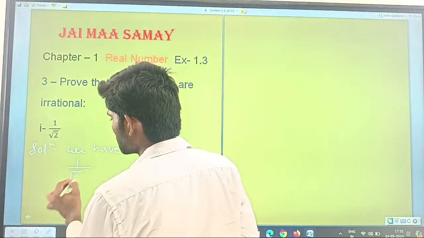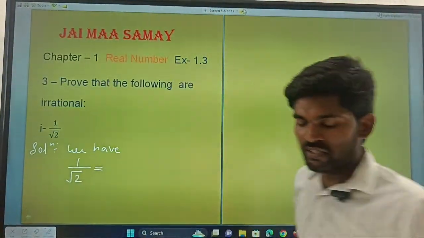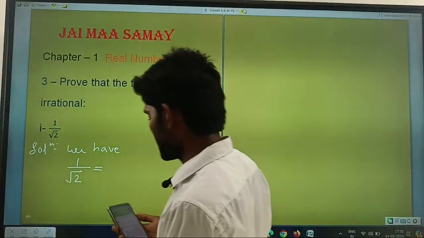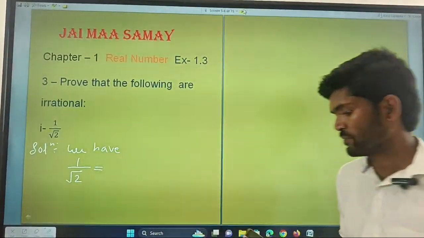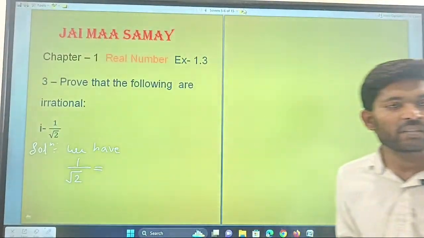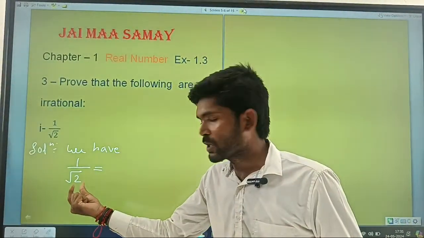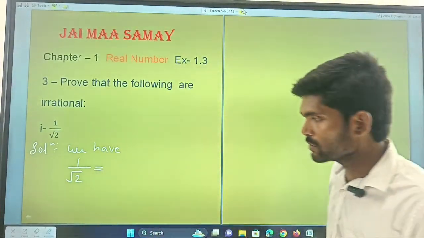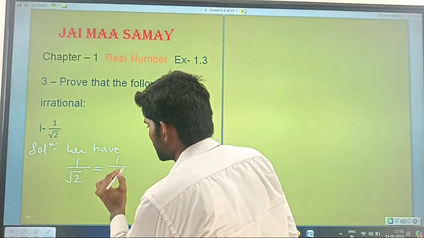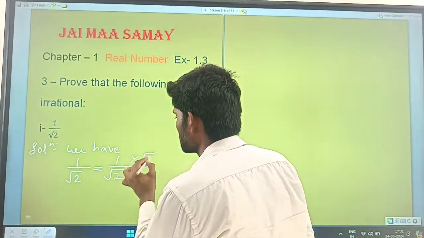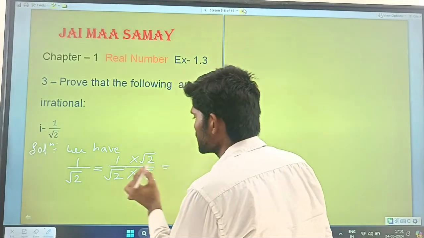1 upon under root 2. Rationalize it. You know the rationalization very well. How to rationalize? The denominator is under root 2, so the numerator and denominator both multiply by under root 2. You know very well, dear.